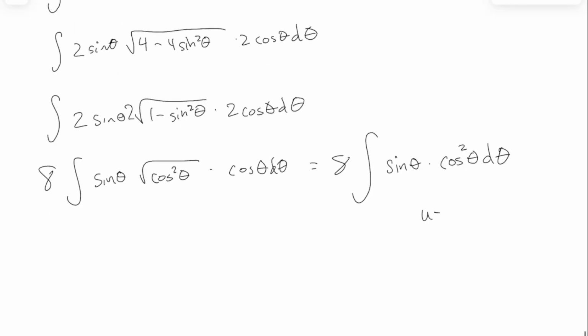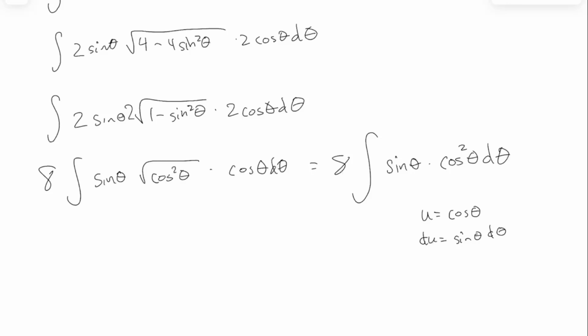Here, u equals cosine theta, du is sine theta d theta. That's the appropriate trick when you have products of trig functions with at least one of the powers being odd. That's what I call the save one trick, although one of them is already saved. That sine theta becomes the d theta.